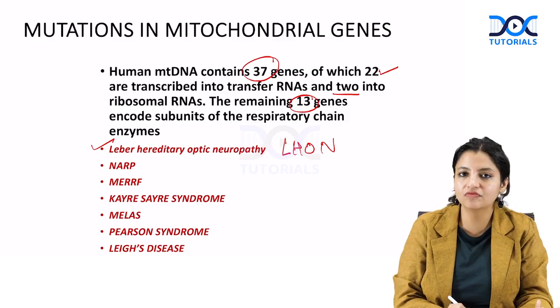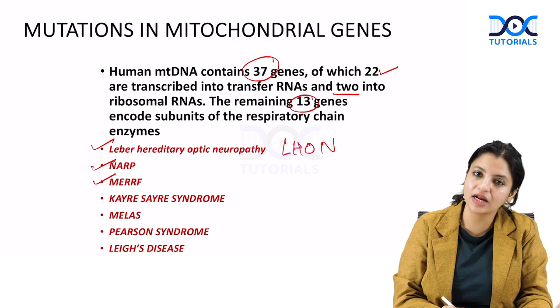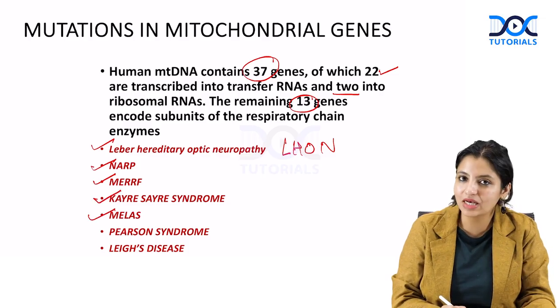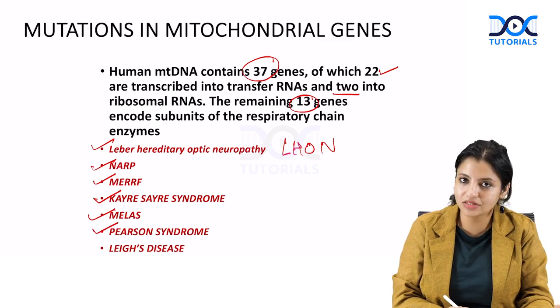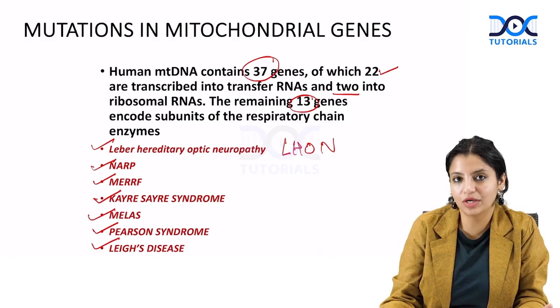You see, everything is involving eye and brain. MERRF, myoclonic epilepsy and ragged red fibers, Kearns-Sayre syndrome, MELAS, myoclonic epilepsy and lactic acidosis syndrome, Pearson syndrome, or Leigh's disease. All of these are inheritances of the mitochondrial genes.